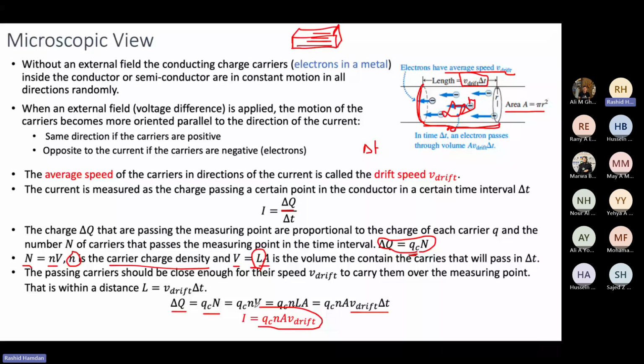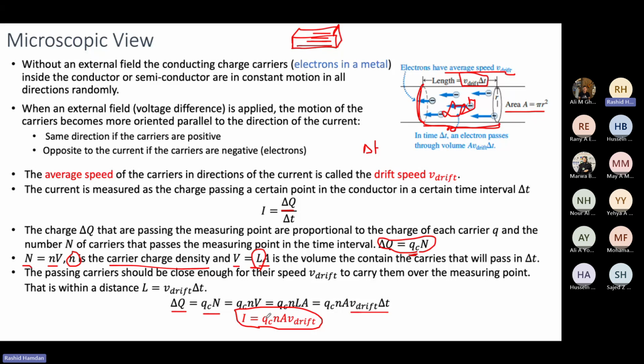So the current is related to the charge of each carrier, meaning how much charge each of these particles carries. If they are electrons, I know the charge of each electron, times their density, how common they are, how many free charges I have, times the thickness of the wire, how big the door is, times how fast they are drifting, not how fast they are moving, because they are moving randomly basically, but they are drifting in the direction of the current.